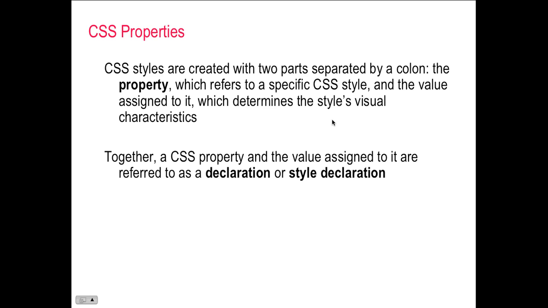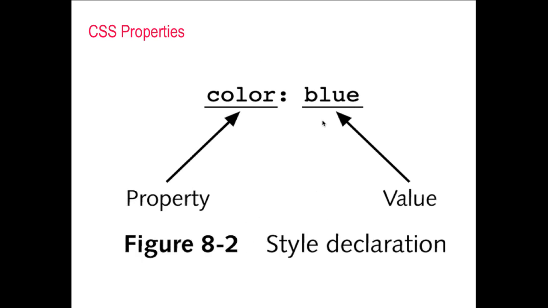So, font, a colon, and something associated with it. Together, the CSS property and the value assigned to it are referred to as the style declaration. Here's an example: color, colon, blue.